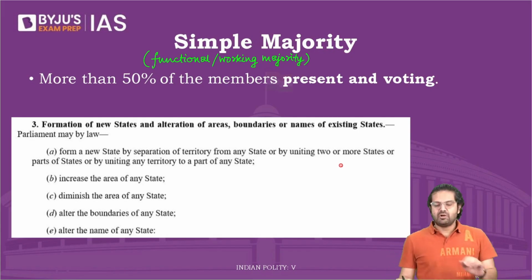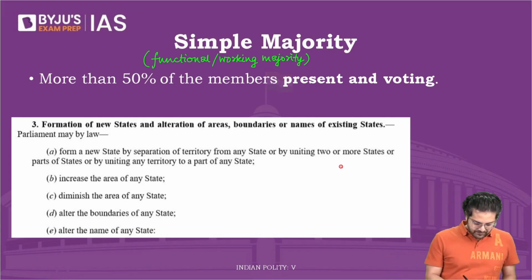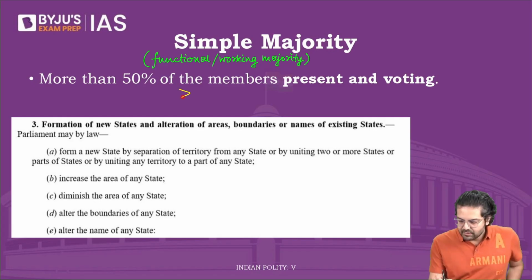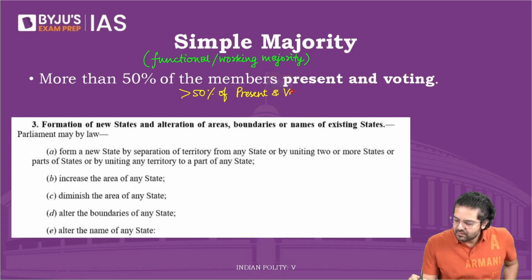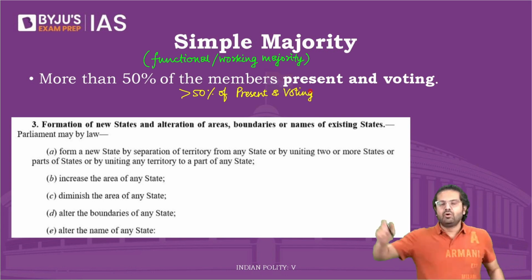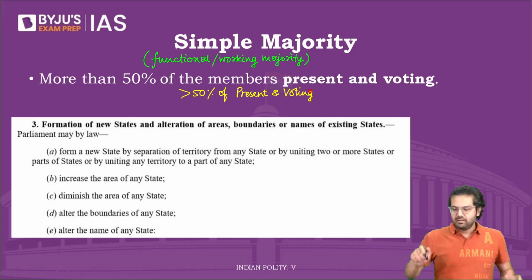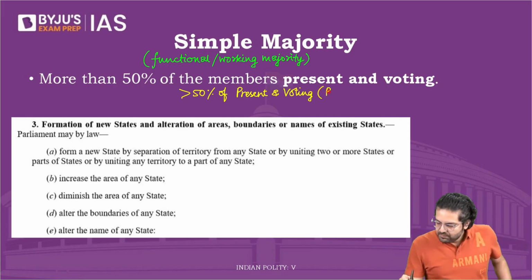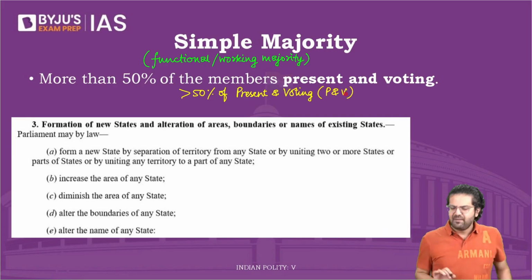So, simple majority means more than 50% of people who are present and voting. Present and casting their vote, not going to the washroom, roaming around here and there. P and V. Very simple.